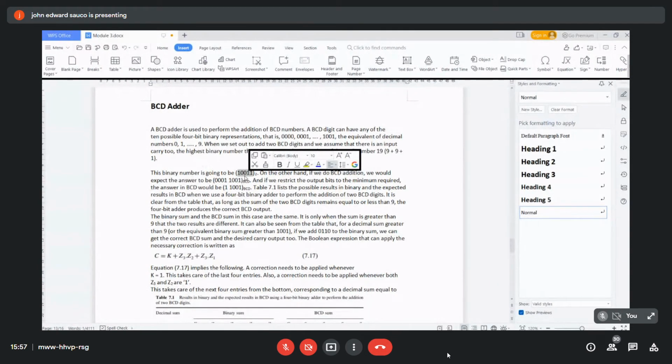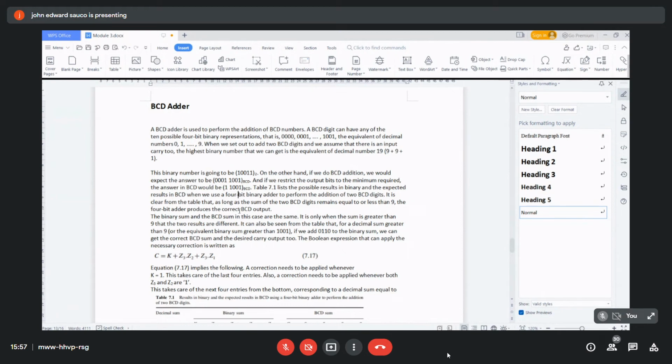Okay? Same yan. Expected. So if we restrict the output bits to the minimum required, the answer in BCD would be 11001. Same lang siya. So the table in 7.1 lists the possible result in binary and expected result in BCD when we use 4-bit binary adder to perform the addition of two BCD bits.